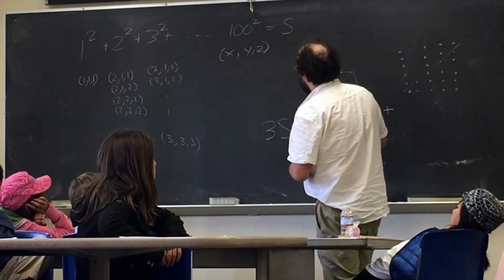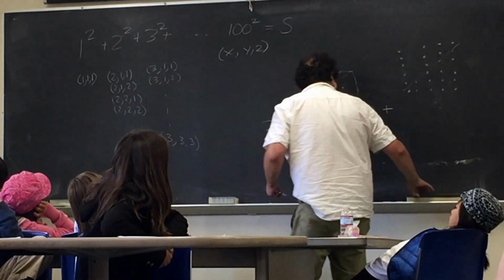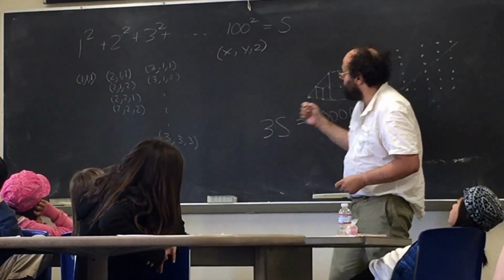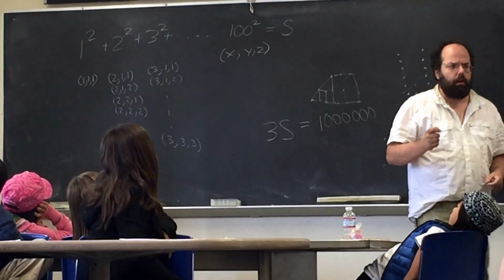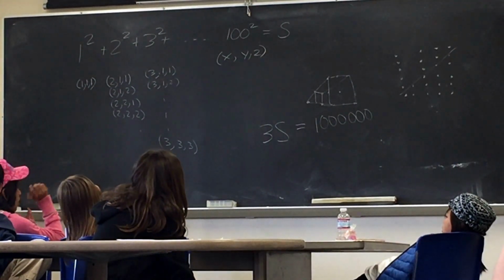Because when I write 3 times this, so it should really be minus, there are some points that are double counted, which are the points that have 2 largest coordinates the same.